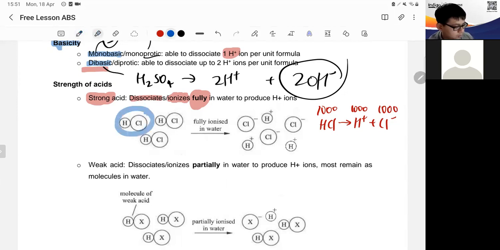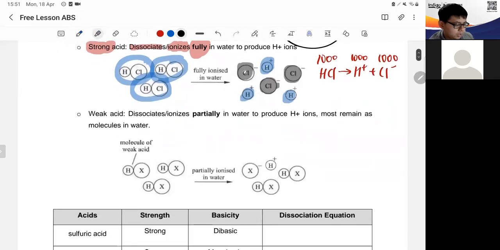I have 3 of this. It fully ionizes, fully dissociates to give you 1, 2, 3, and 1, 2, 3. None of the original HCl that was there is present anymore. All the HCl has broken up. So this is a strong acid, 100% dissociation. A weak acid, on the other hand, is weak because the dissociation is partial, incomplete. So let me use the word incomplete.